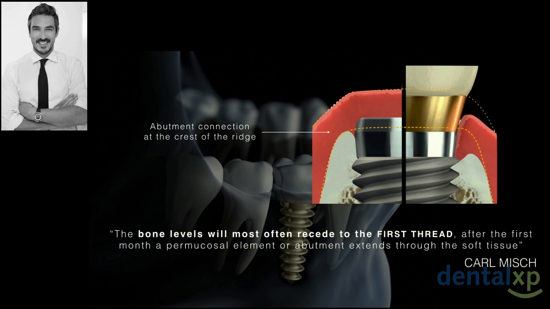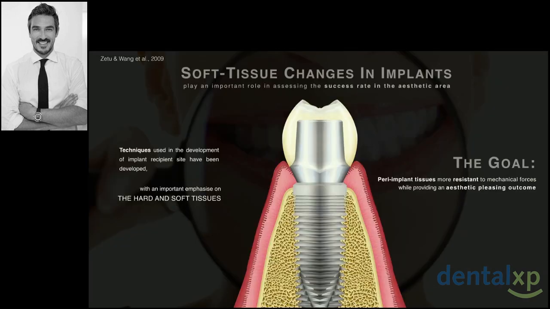But of course, how would that relate to the papilla when we had a thin biotype? So many dentists had to do an algorithm in their heads to decide where they'd place an implant in the aesthetic zone, already preparing for this planned bone loss. Of course, soft tissue changes around implants play an important role in assessing the success rate in the aesthetic area. And I think one of the biggest discussions today in implant dentistry is implant design.